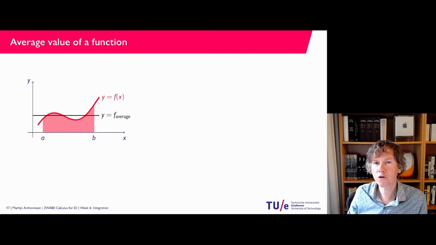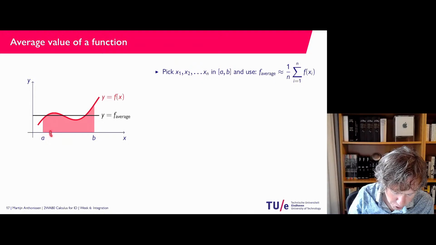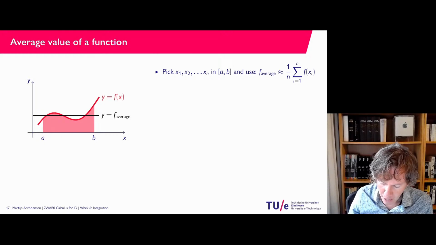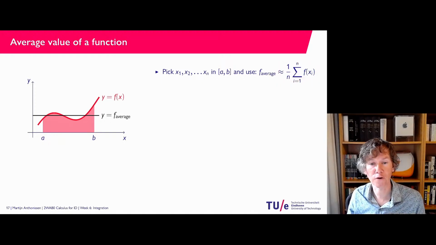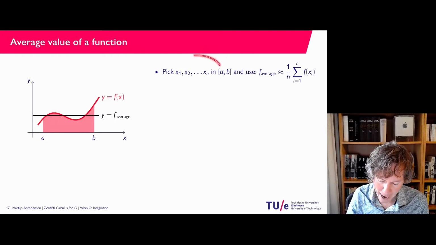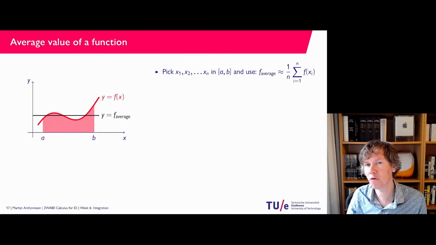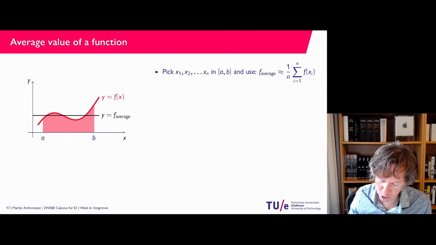You could approximate that by picking points in this interval, say x1 up to xn, and then summing those function values and averaging them. So take 1 over n times the sum of those function values. That would be an approximation of the average. But how should you pick those points and how many of them? The more you take, probably the better the approximation is going to get, right?